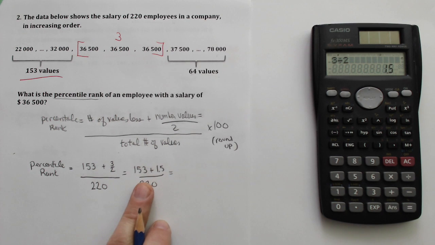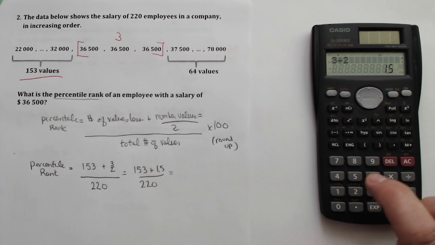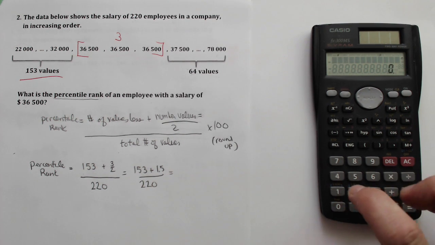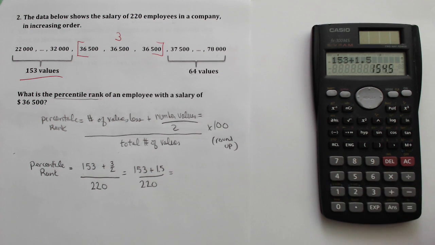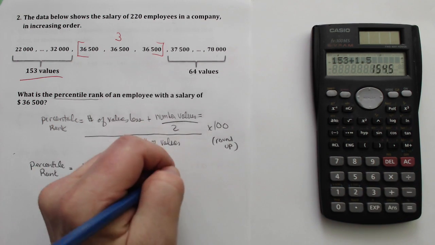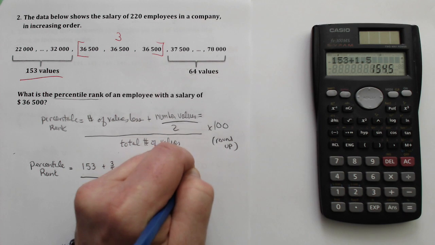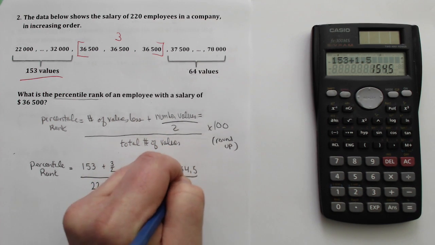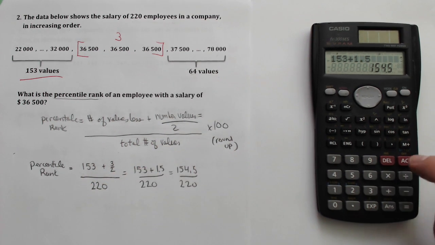But first, let's simplify that on the top. 153 plus 1.5 is going to be equal to 154.5. And then we have to divide that by 220. 154.5 divided by 220 is going to be equal to that.